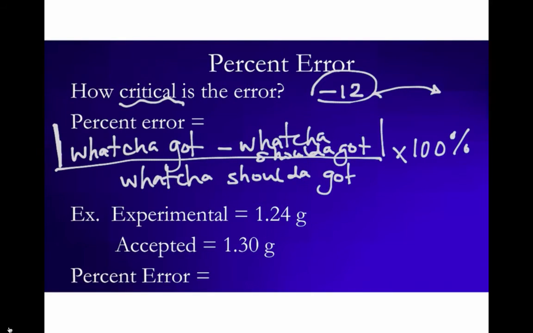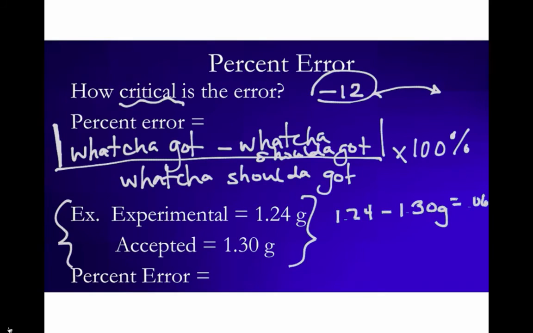To find the amount of error in this example, I have to take what I got in my experiment, 1.24 grams, and subtract from that the true value of 1.30 grams. So I subtract those first, and that is 0.06.